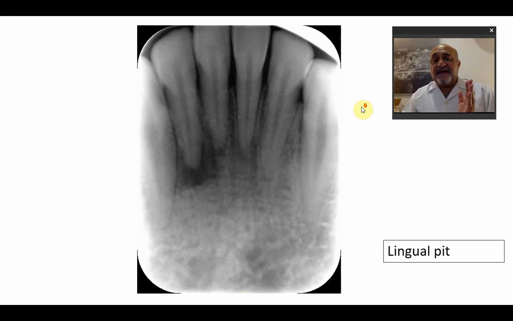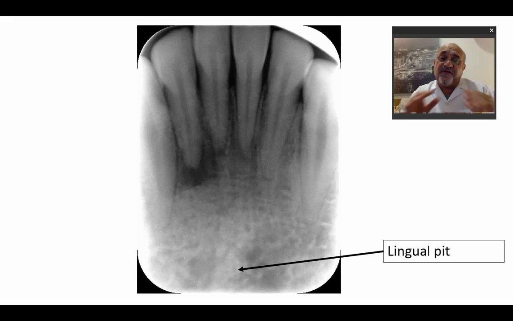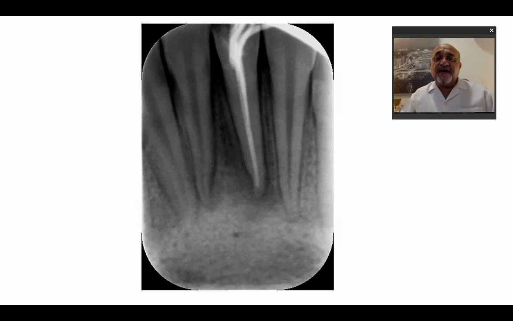This lingual pit might appear bigger in some patients, which more or less gives the appearance of a foramen, and in some cases it's just a small notch. See here in this radiograph, for instance, it appears bigger, this one over here. So this is anatomical variation from one person to another.